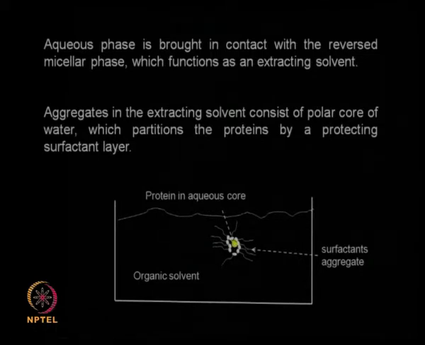You can have many surfactant aggregates like that present inside the organic solvent, and each surfactant aggregate will have the required protein. All you need to do is remove the aggregate from the solvent and then make the surfactant leach out the desired protein. So this is how you recover proteins.